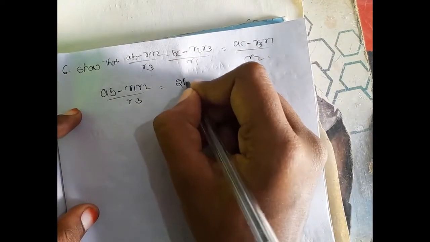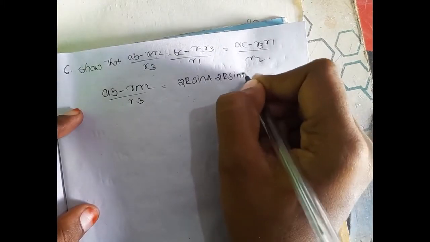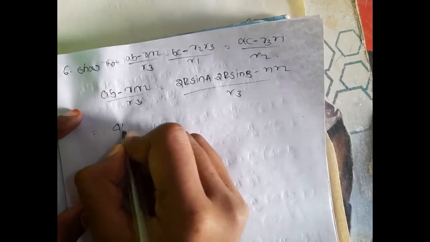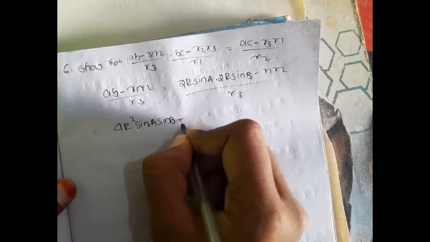Now 2R sin A into 2R sin B − r1 r2/r3 equals 4R² sin A sin B − r1 r2/r3.